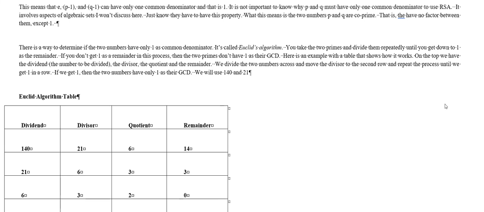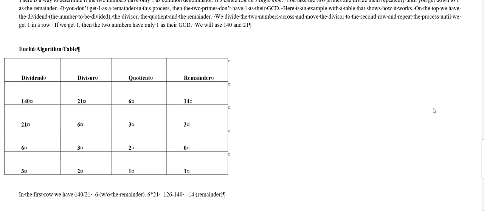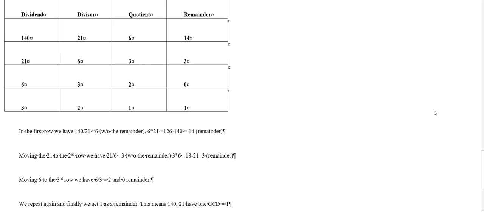We will use 140 and 21. So let's take a look at the Euclid algorithm table here. And you can see it right there. Now we'll go through it below. In the first row, we have 140 divided by 21, which equals 6, with a remainder. 6 times 21 is equal to 126, and 140 minus 126 is 14. 14 is the remainder.